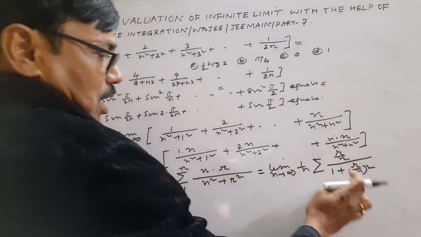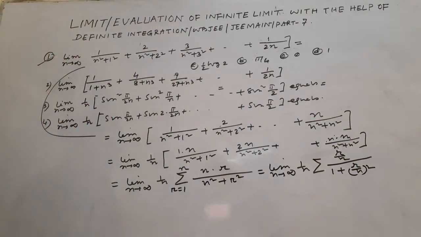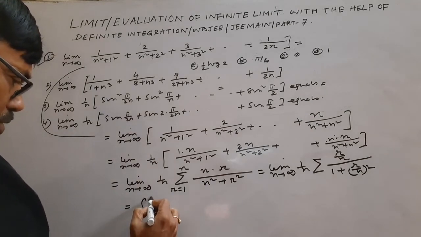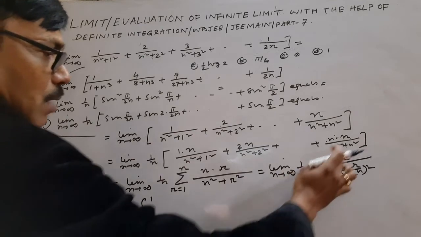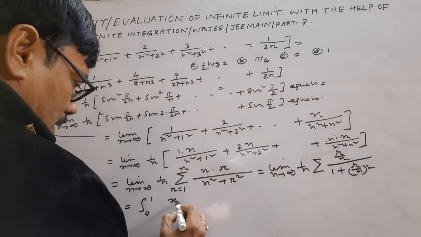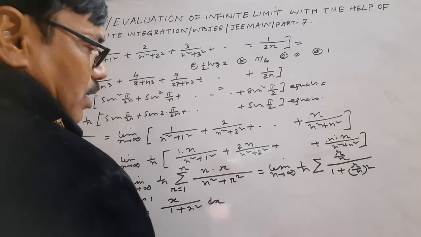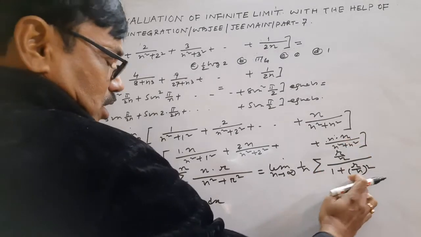So this is a function of r by n. So from the formula we can write it as the integral from 0 to 1, where r by n is replaced by x, of x over 1 plus x square dx.